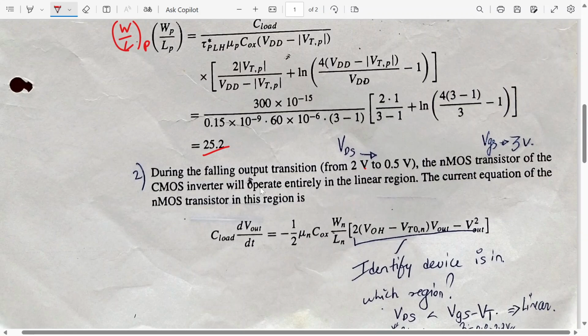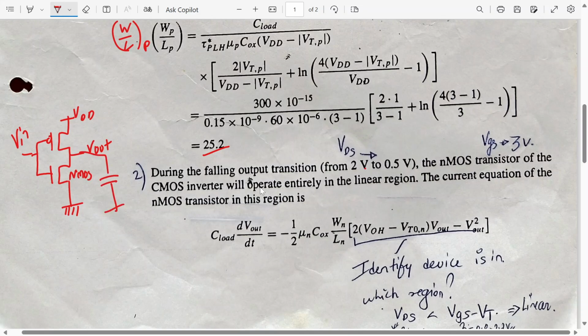Yeah. For a CMOS inverter, for a falling transition, this is VDD, this is ground, this is NMOS, and at the output you have this capacitor.